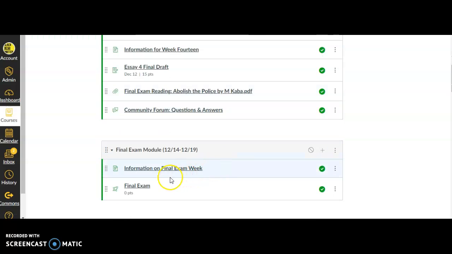You could take it any time in this date range. When you open it, you can click on the assignment and read the prompt, but when you actually begin, that's when the clock starts ticking, and you have 2 hours to write the essay.